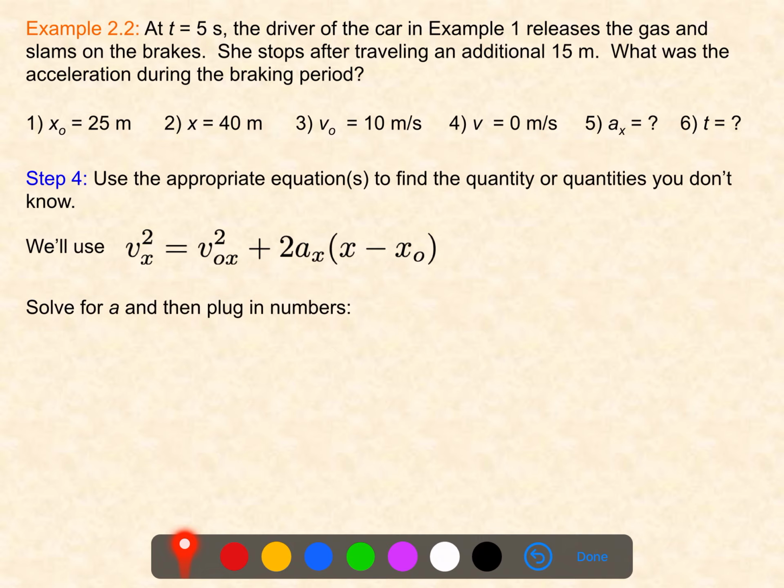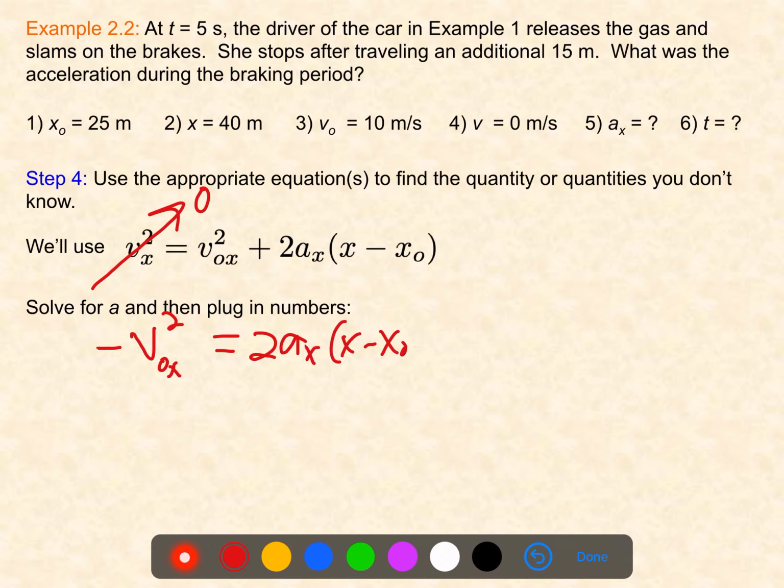Again, solving for the equation symbolically first, with variables, before we plug in the numbers, we can start by taking this to 0 because my final velocity is equal to 0, and then bringing this v naught x squared to the left-hand side, equal to 2a_x times (x minus x naught).